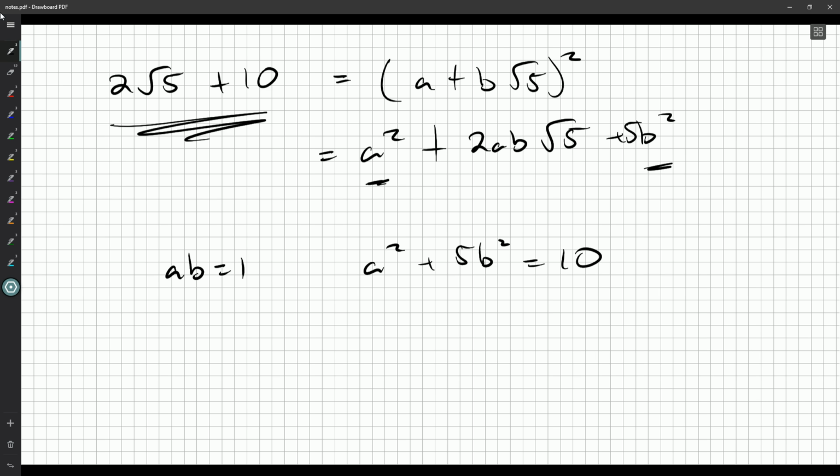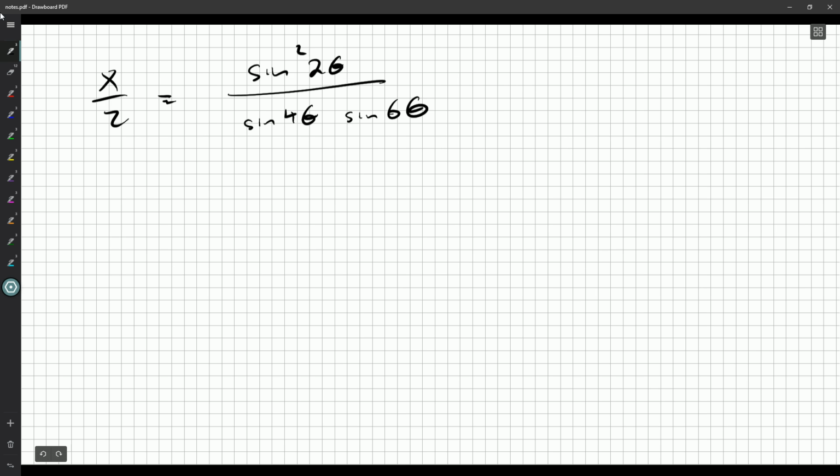So yeah, I don't know. Let's go back to exploring this idea. So sine 4 theta would be 2 sine 2 theta cos 2 theta.